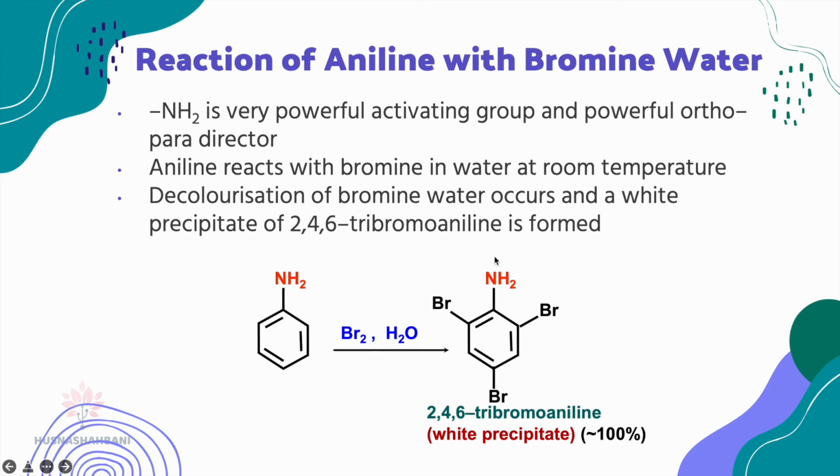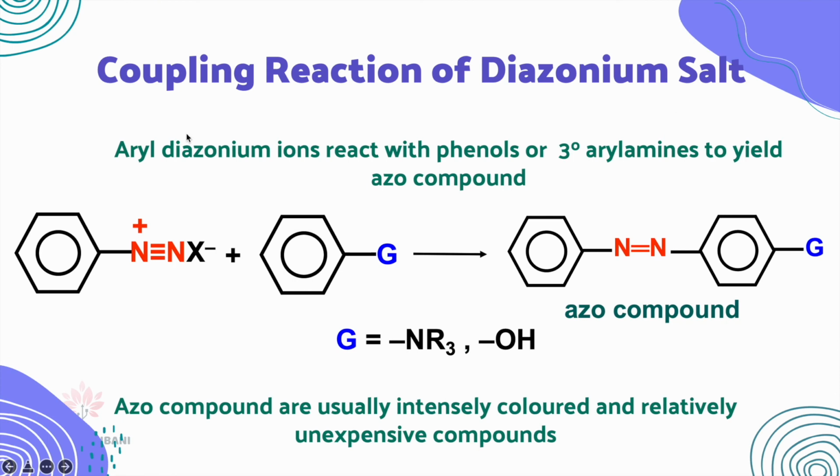There is no bulky group because it is NH2, so it can be at ortho and para. So the product must be at 2, 4, 6, no other position, and it is a precipitate, 100%.